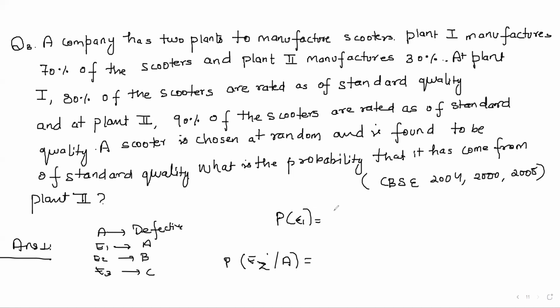Sir, can you hear me? Yes, now I can hear you. Sir, P(E1) is the probability that you choose factory A, right? Yes, that's correct. 1 by 3. Why is it 1 by 3, Atif? 25% is given?